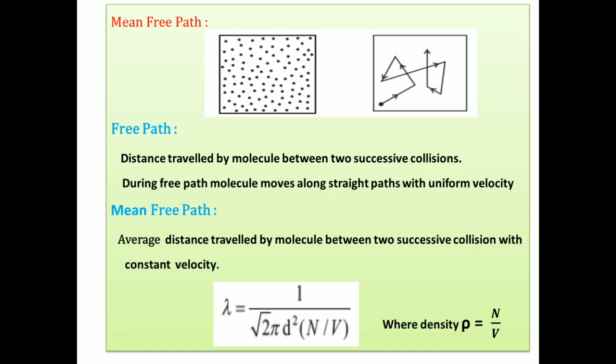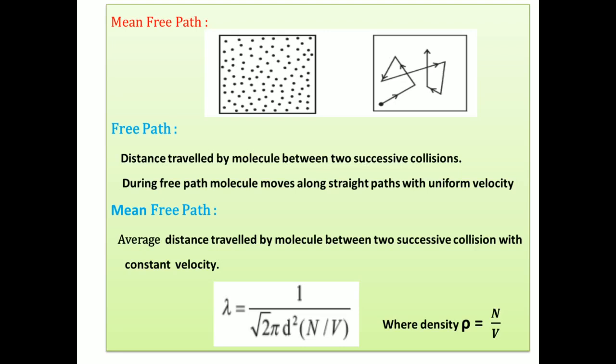Then the question arises, what is mean free path? The average distance traveled by the molecule between two successive collisions with constant velocity. Mean free path varies with density. Why? If molecules are very close to each other, then the chances of collision are more, just like when a number of people are crowded together.